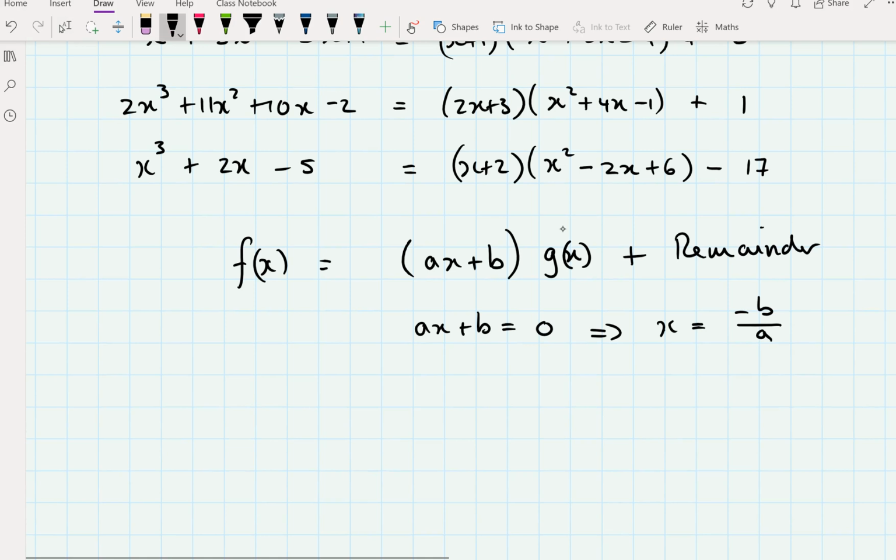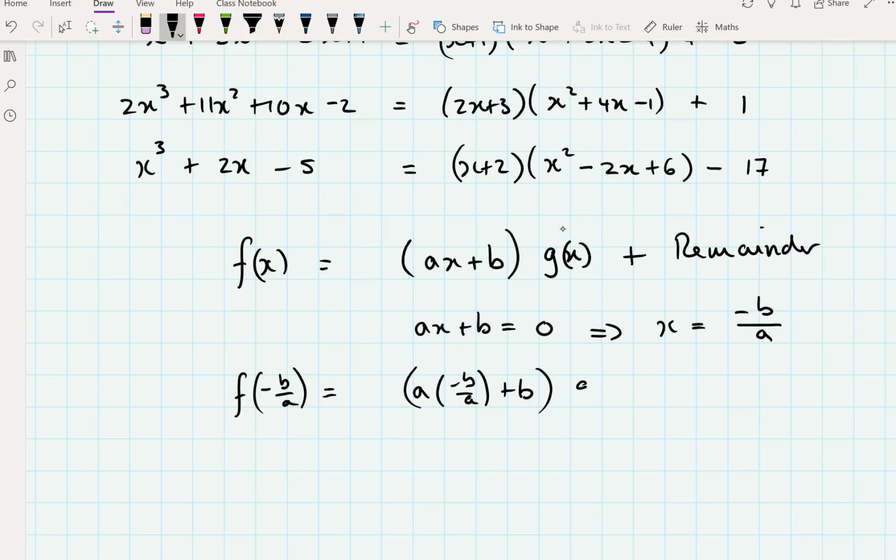And so if I say, what is f of minus b over a? Well, I'm going to put that into my formula. I'm going to have a times minus b over a plus b. There's my first bracket. I'm going to have g of minus b over a plus my remainder. Now, this first bracket, a times minus b over a, is just going to leave me with minus b plus b, and that's going to give me nothing, 0.